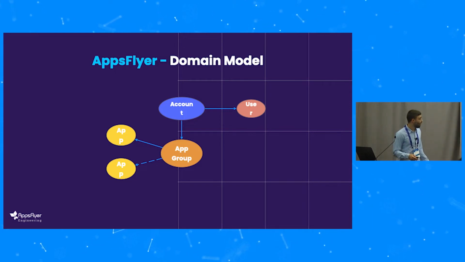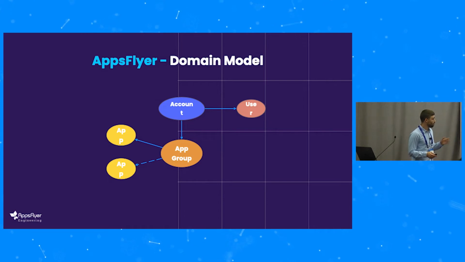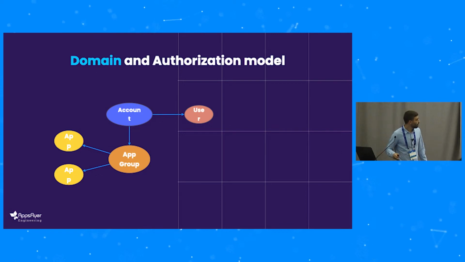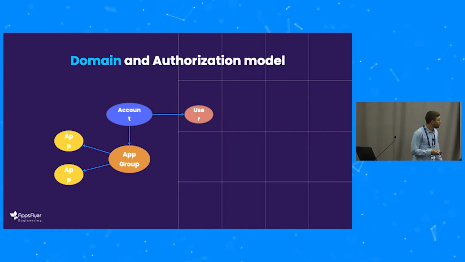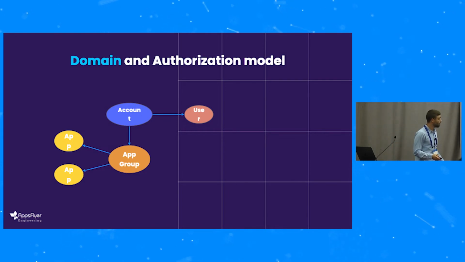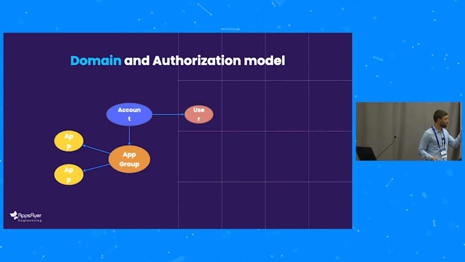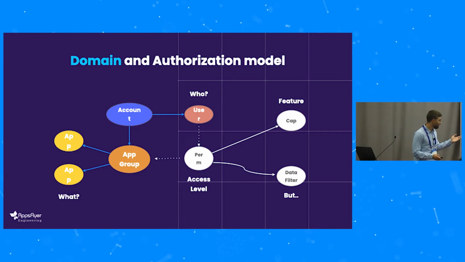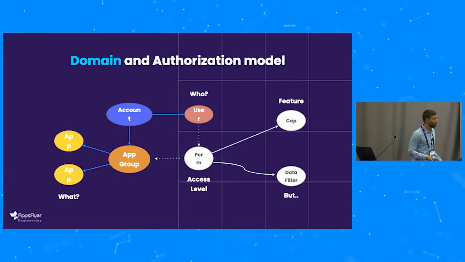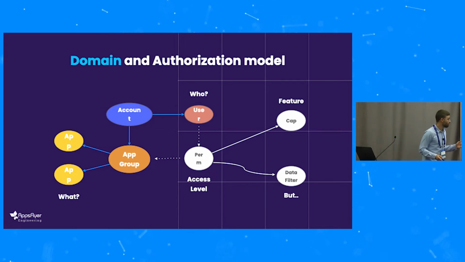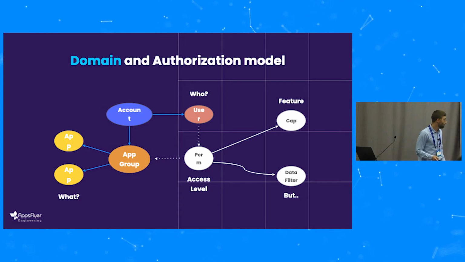And now I want to show you how we expanded this domain model to be a repository for authorization data. So we already have two important components of the authorization process inside the graph. We have the user context, here in red, and the what, which resource it tries to access, the app. So we need to expand it to support all the use cases we demonstrated. The first thing that we do is add a node called permission to the graph that represents the access level of the user.